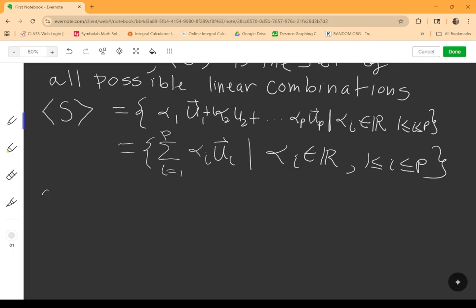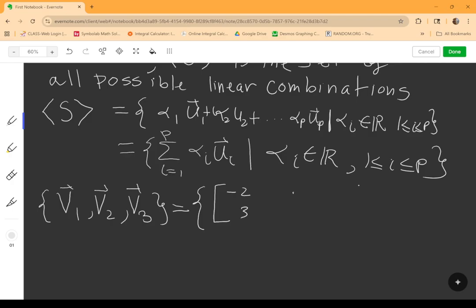So some examples of a linear combination. Let's say we had a set consisting of V1, V2, and V3, and these vectors are defined in the following manner: negative 2, 3, 1; 0, 2, 3; and negative 3, 4, 1.